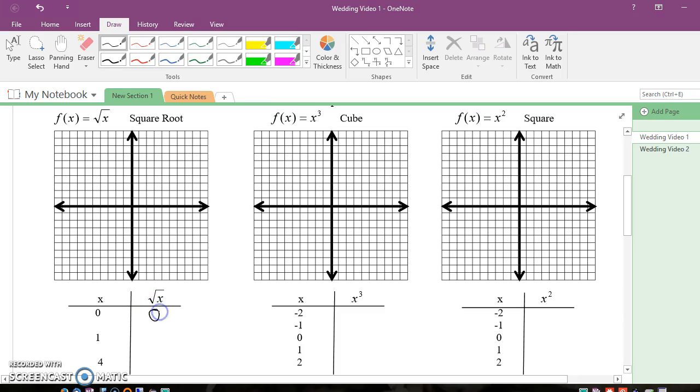That would be 0. If x is 1, what is the square root of 1? That's 1. And if x is 4, what is the square root of 4? 2. Okay, so I have 3 points, and these are called my anchor points.